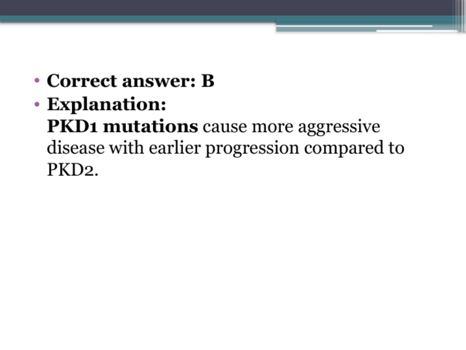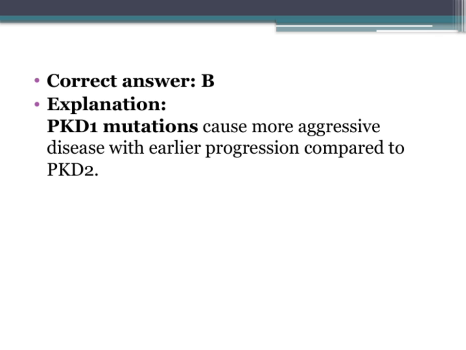Essentially, patients with PKD1 mutations often experience more rapid decline in kidney function and may require intervention sooner. Recognizing these genetic distinctions helps us understand the variability in disease course among patients and emphasizes the importance of tailored treatment strategies. This concept ties into our overall discussion about the genetics of polycystic kidney disease and how it influences prognosis and therapy options.